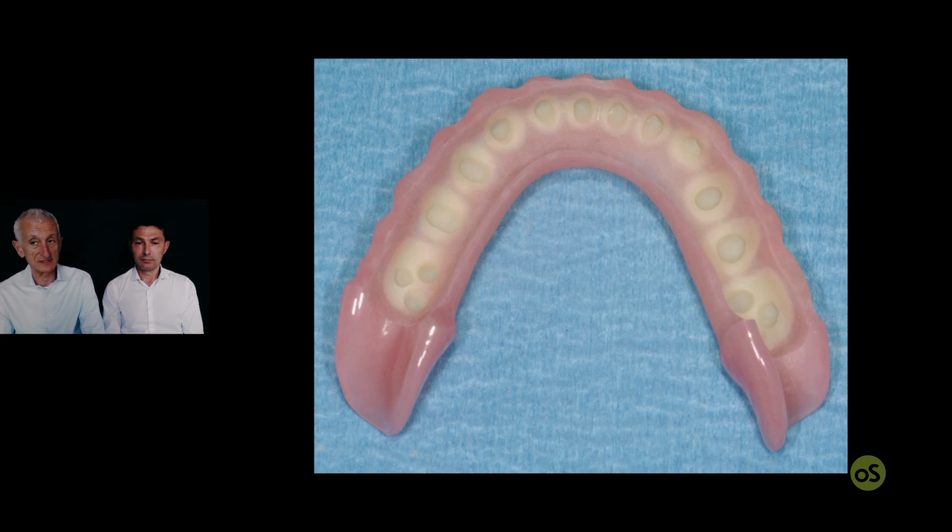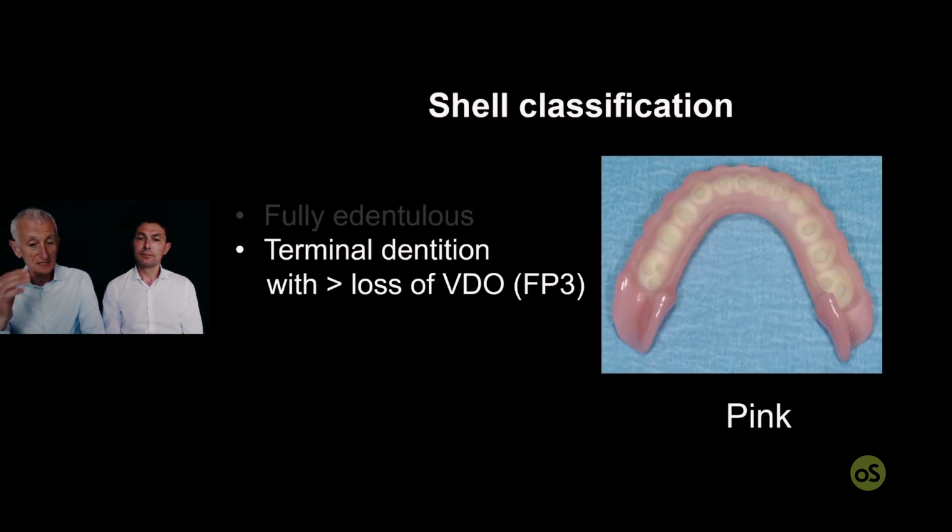For our technique, what is important is to make a correct manufacturing of the shell. What if the patient has a terminal dentition and the doctor tells you that he will just extract every tooth, but he will also open a flap and remove some bone because there are defects or whatever is the problem, and so you will have a lot more space in addition to the space provided by the teeth dimension?